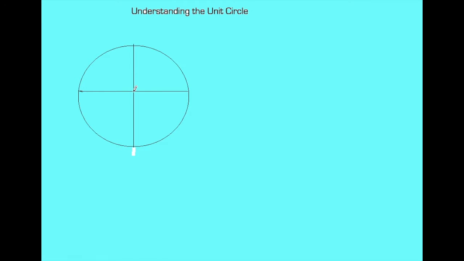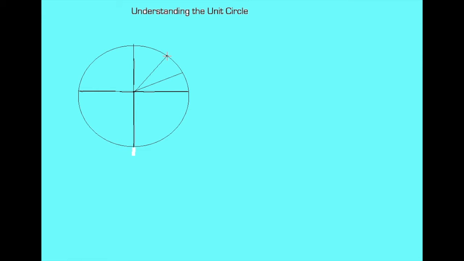So that means this length is 1, this length is 1, this length is 1, and this length is 1. And remember, a radius is a straight line from the center of the circle to the surface of the circle. So in that case, this is also the radius, and since it is the unit circle, this radius is 1.